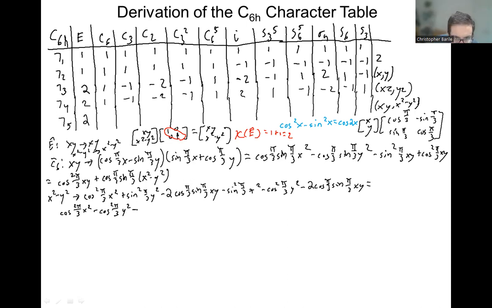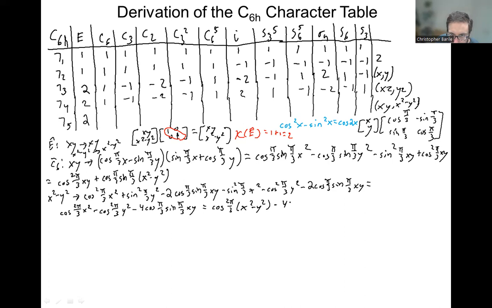And then we have these two terms here that go as 4 cosine pi over 3 sine pi over 3 xy. And so we can now factor out a cosine 2 pi over 3 and get it in terms of x squared minus y squared.